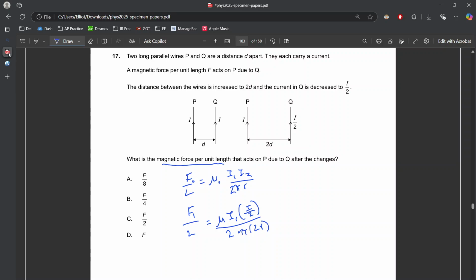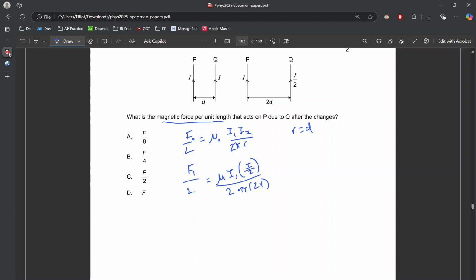I'm using r instead of d, but r equals d, because I was just writing down the equation. If we take all the constants out, I'm going to leave this 2 pi because it was in there, but it's going to be 1 over 4 times what we had earlier, which is F naught over L.